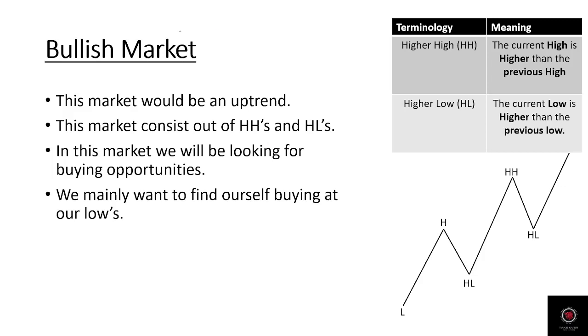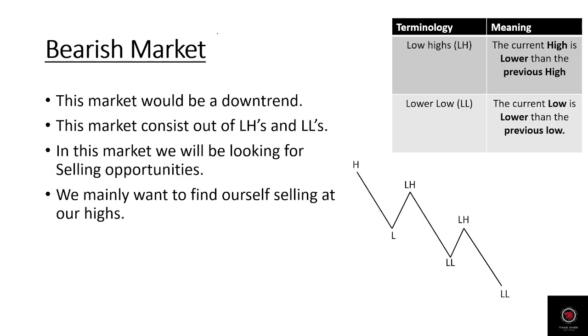Okay, buying opportunities. Now, let's shift over to an actual bear market and see what is happening over here. Let's go back to the terminology on the right hand side. A lower high we indicate as LH, and a lower low is indicated as LL.